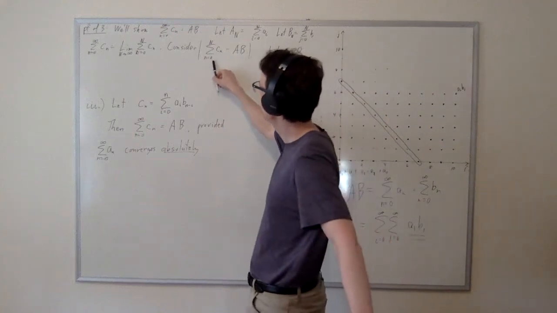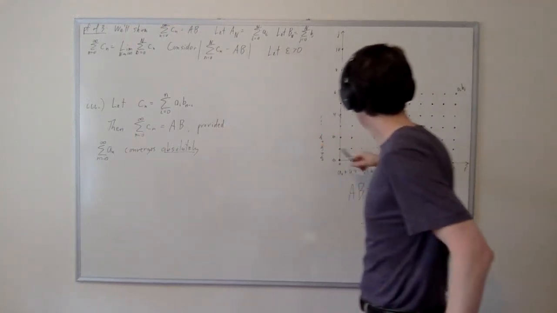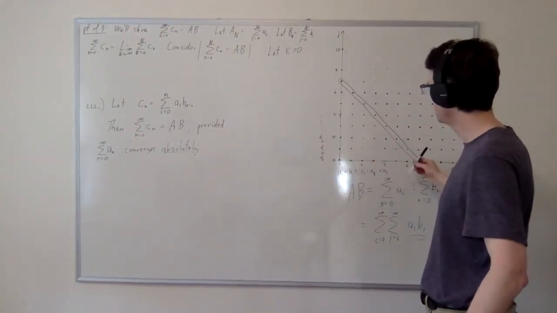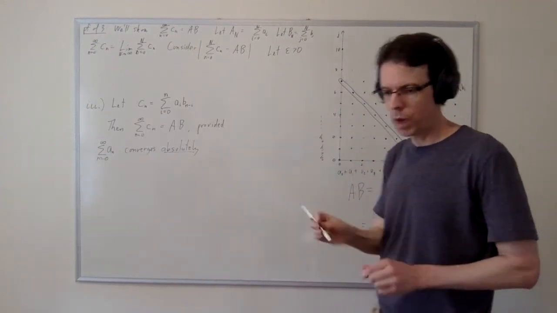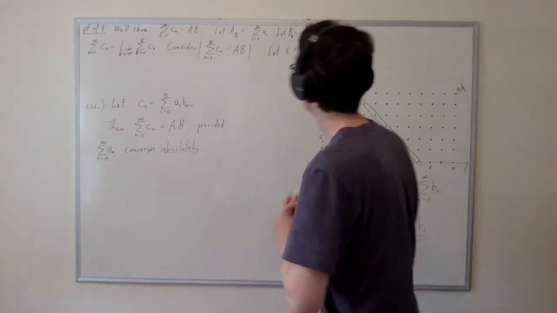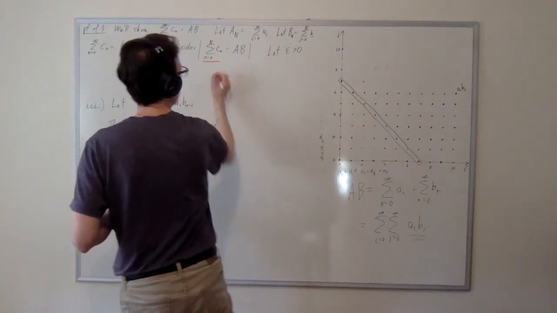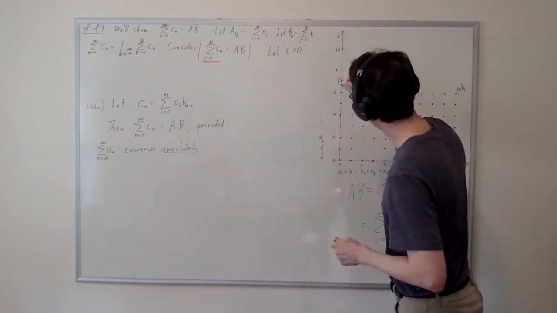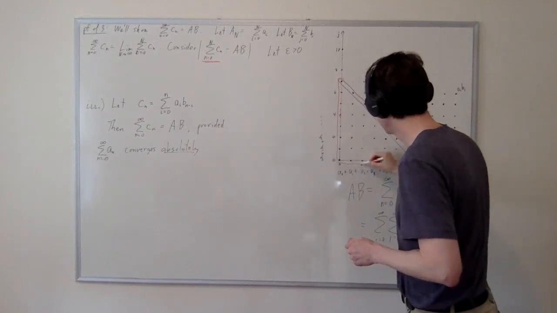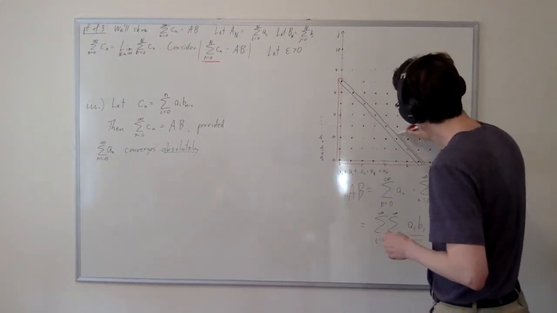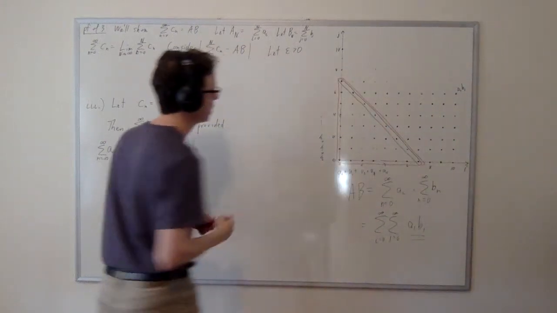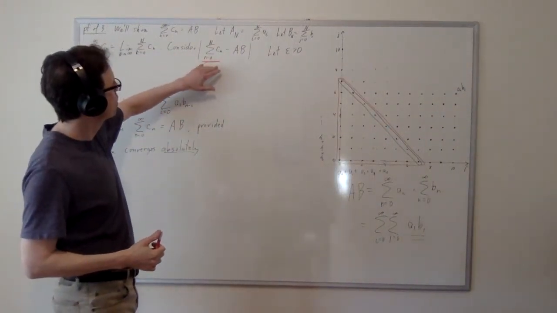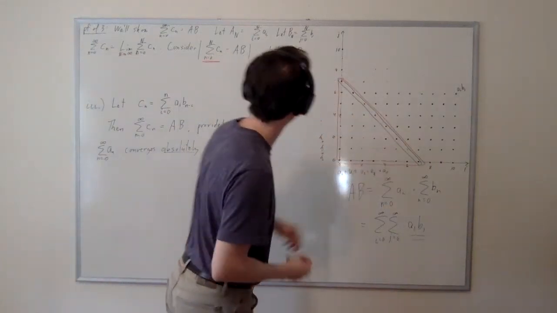Then this summation n equals 0 to cap N of C_n is actually the summation from 0 to 7. And it's the summation of all of these layers. So effectively, in red, this thing is equal to the summation of these however many terms. I think it's 36. So this in red corresponds to this summation.